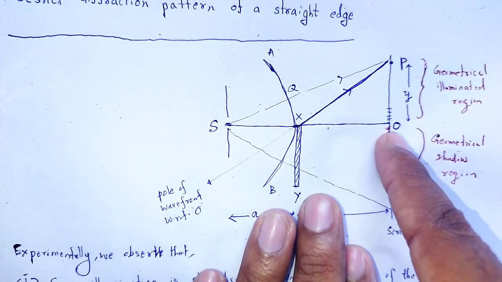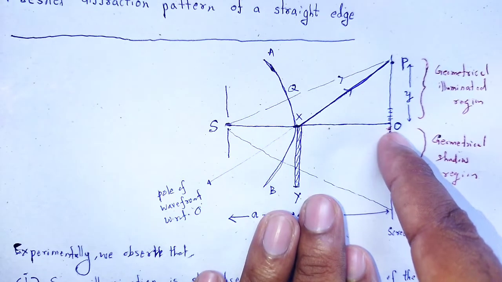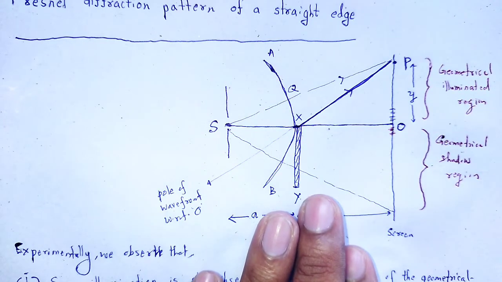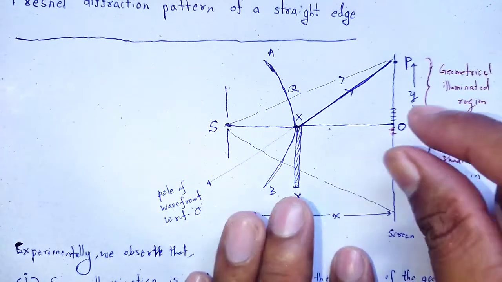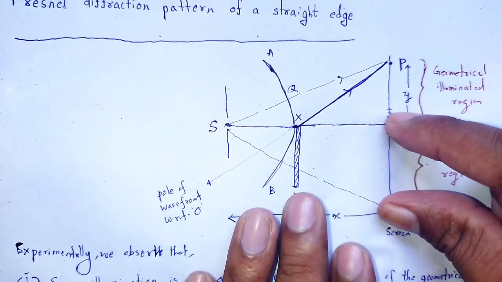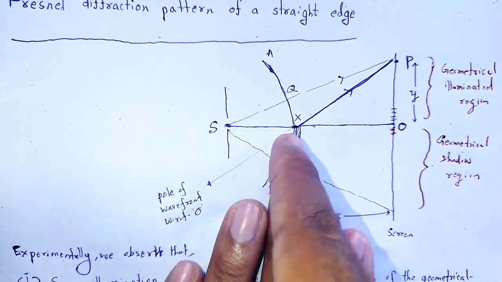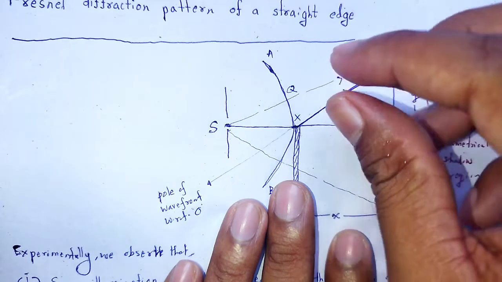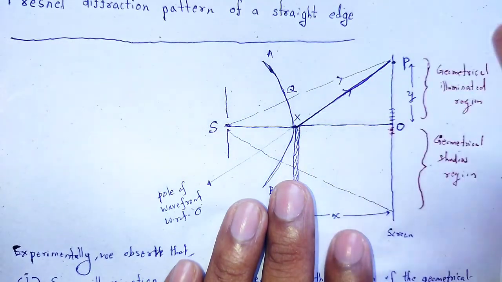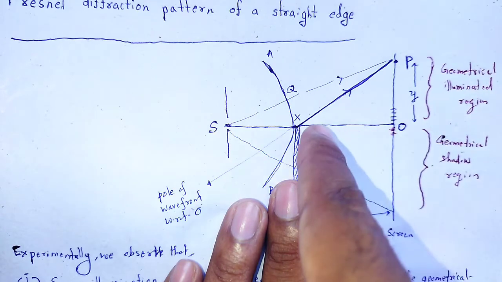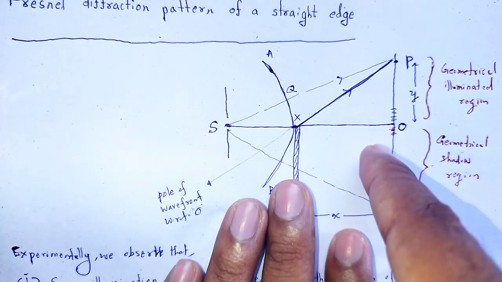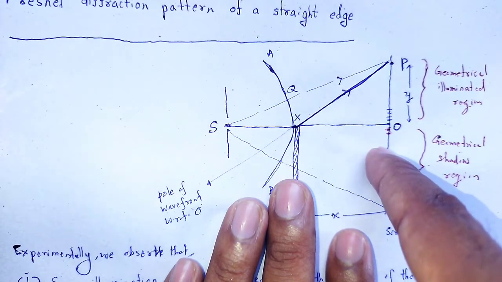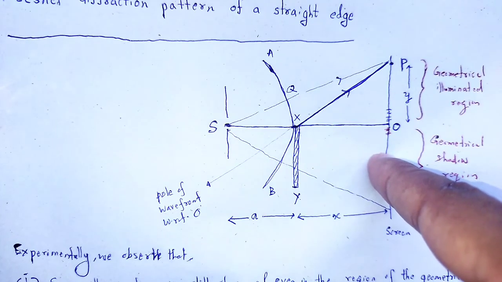Why do we observe some illumination there? Because of the concept given by Fresnel: according to Fresnel's half period zones, in the geometrical shadow region, if we take the wave front, there will be some contribution of this part. Due to this contribution, we have half period zones, so the intensity of these half period zones at a point situated in the geometrical shadow region creates some kind of illumination.